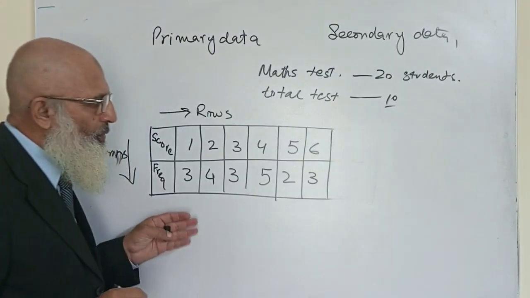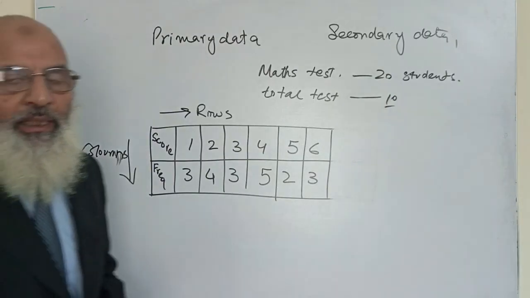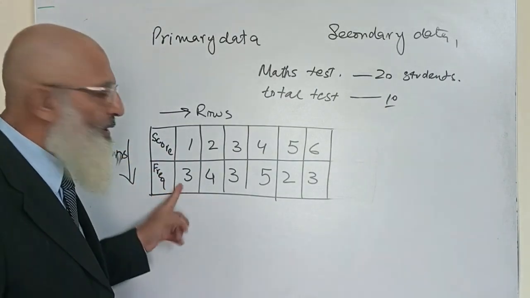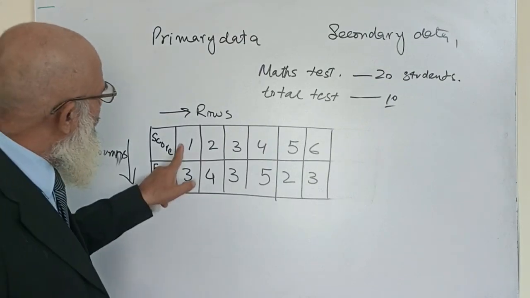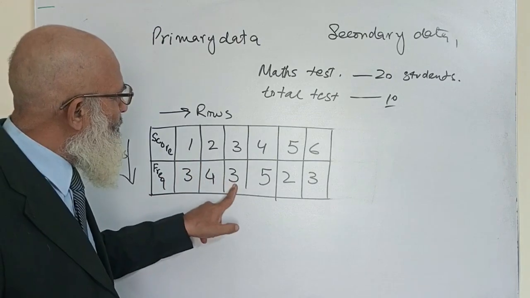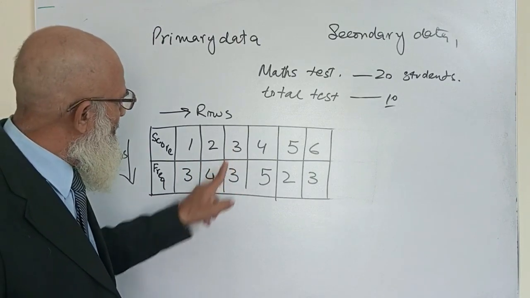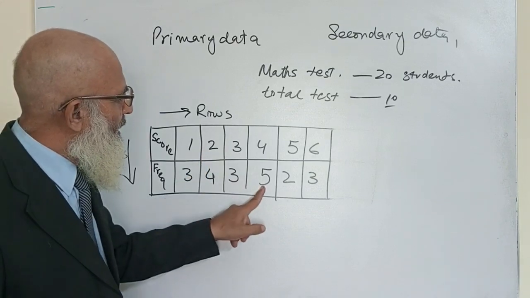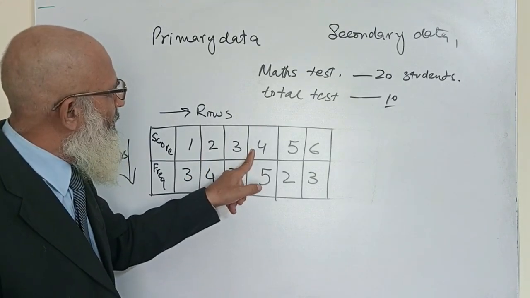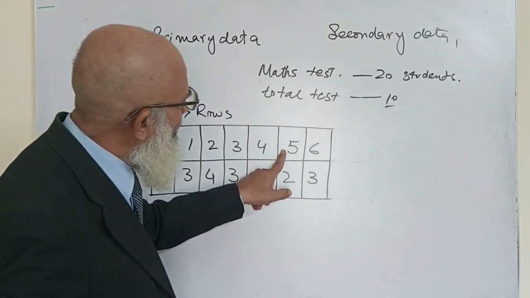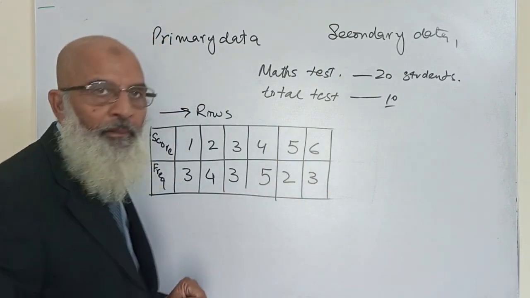What we infer from this table is that 3 students got 1 number, 3 students got 3 numbers, 4 students got 2 numbers, 5 students got 4 numbers, 2 students got 5 numbers, and 3 students got 6 numbers.